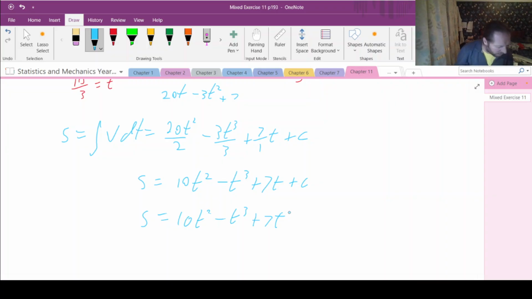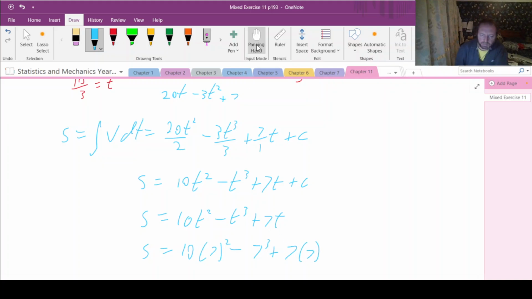Find the distance travelled in the interval of 0 to 7. Well, we know it's travelled 0 there, and if we put in 7, we get 10 times 7 squared minus 7 cubed plus 7 times 7.